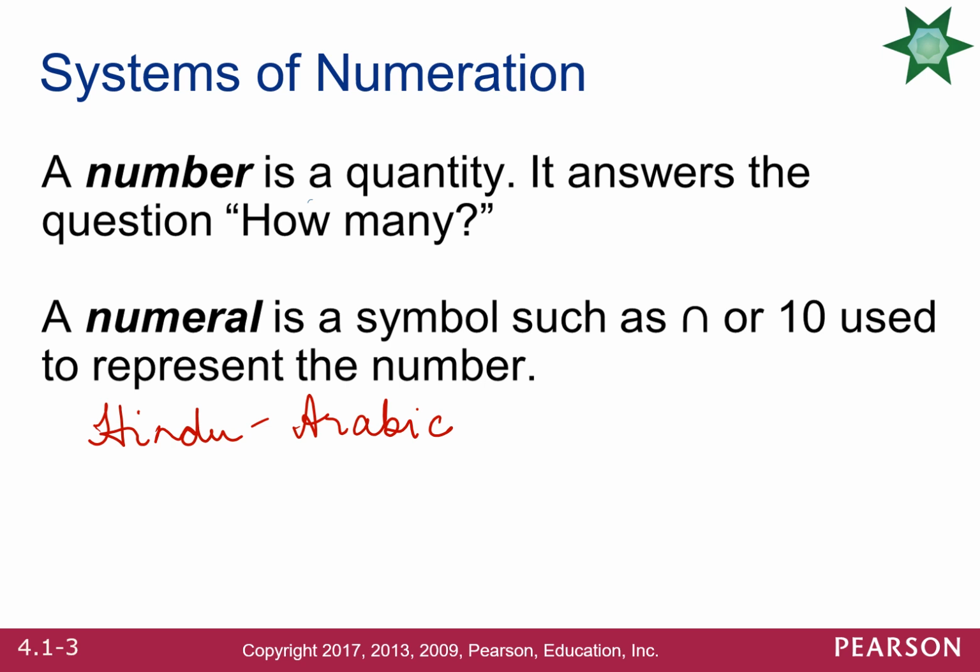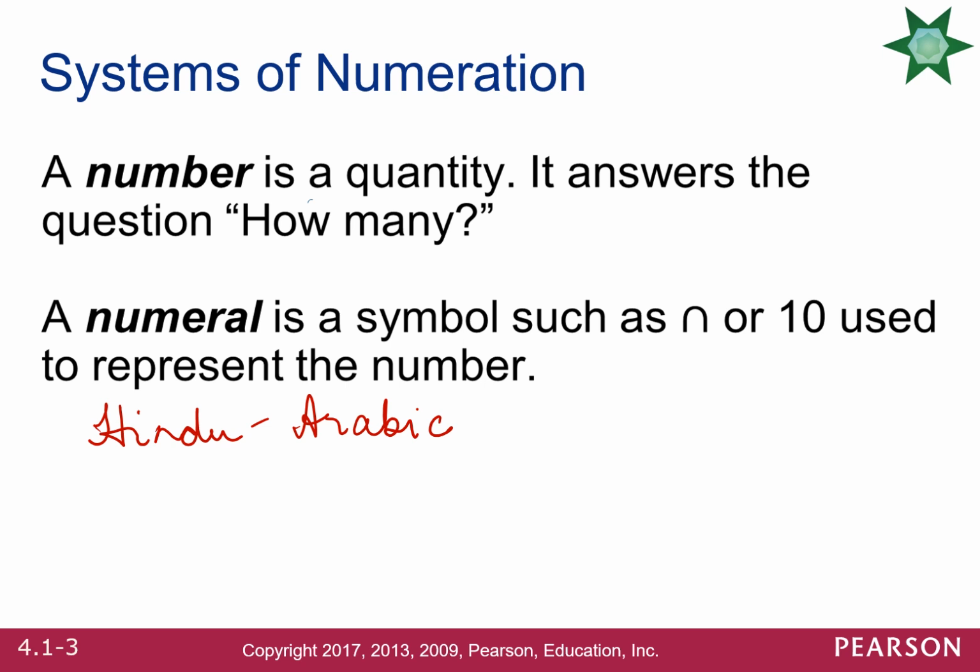It became known as the Hindu-Arabic numeration system. All right. So it is a very useful system because the Hindu numeration system had a symbol to represent 0. And we will shortly learn the importance, the value of that particular numeral, which is 0.